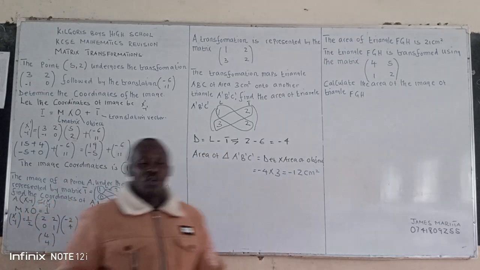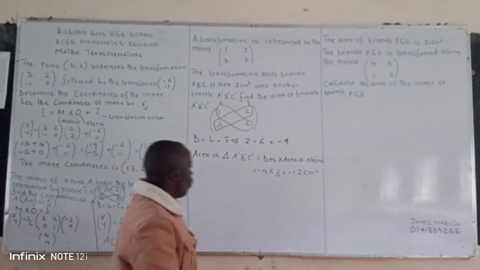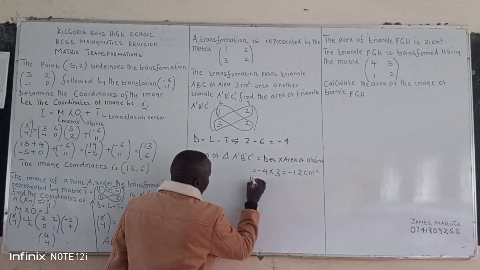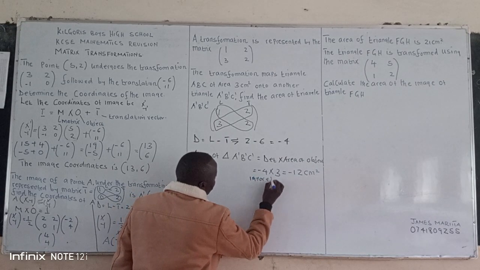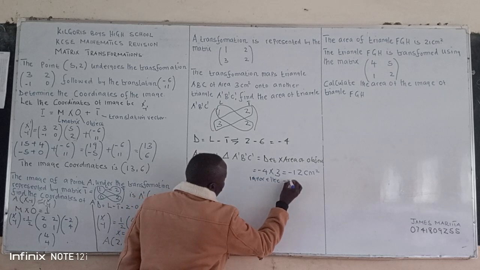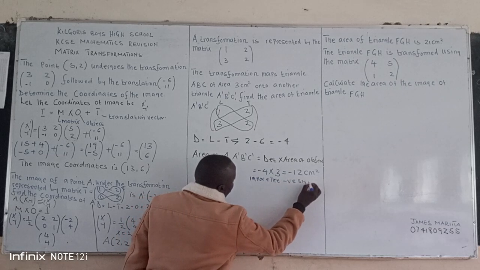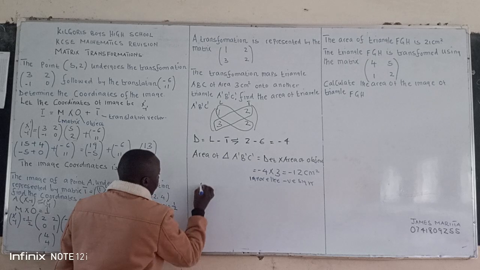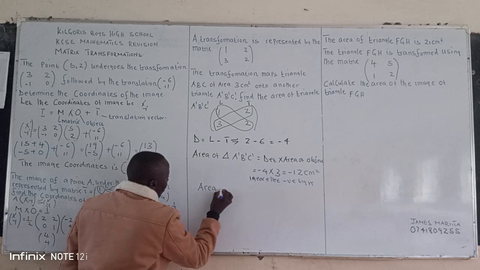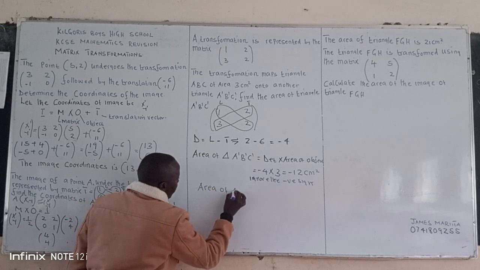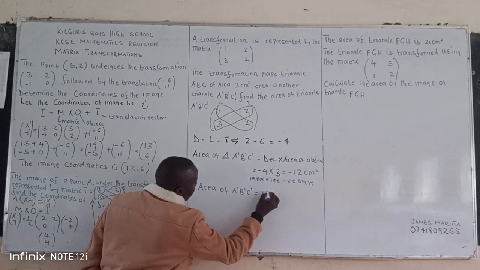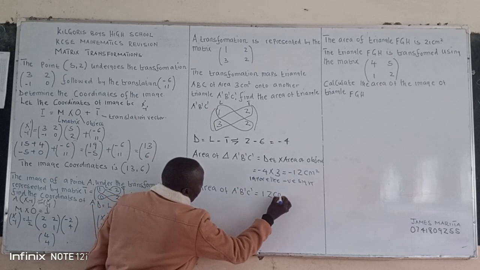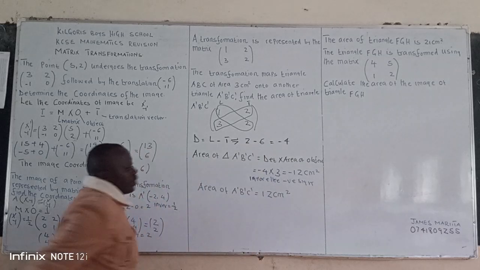Since the area will not be negative, we ignore the negative sign. Therefore, the area of A image, B image, C image is 12 square centimeters.